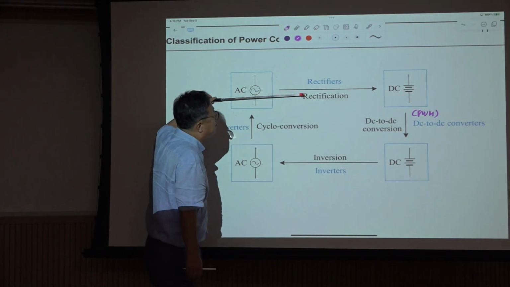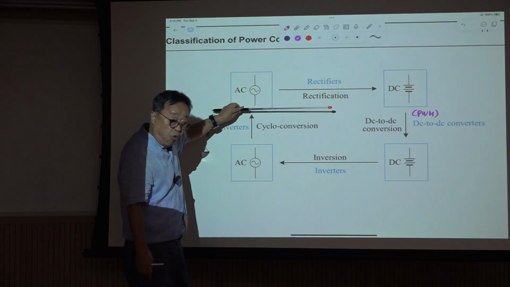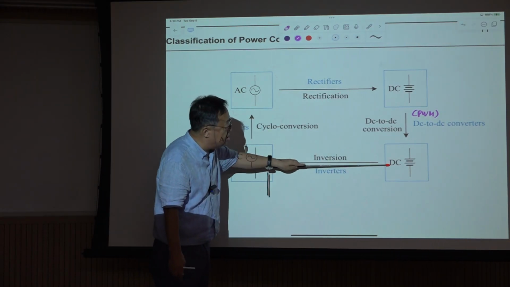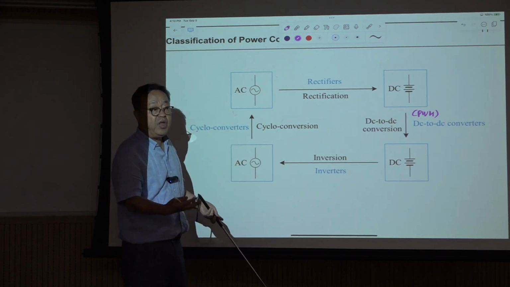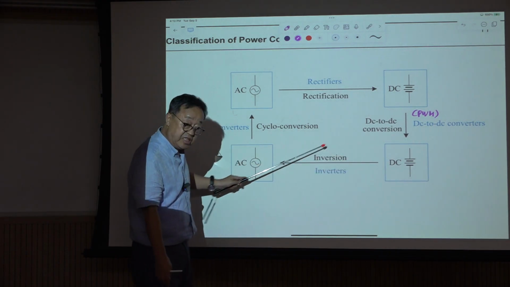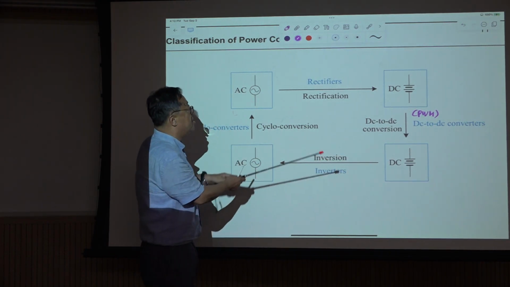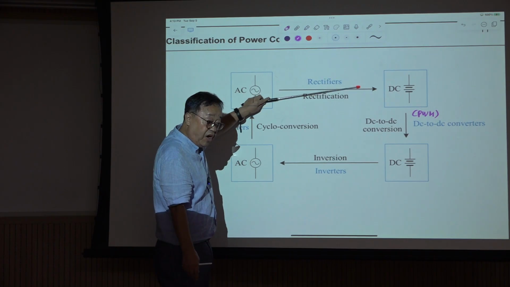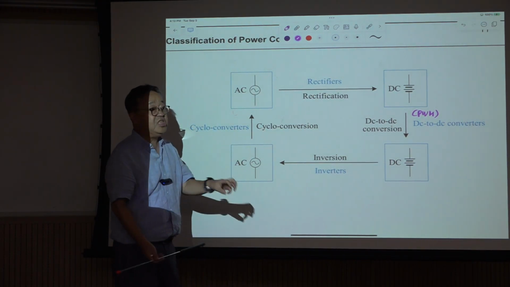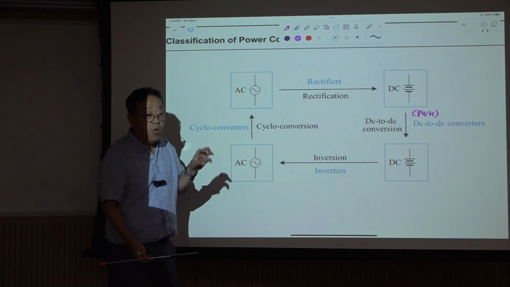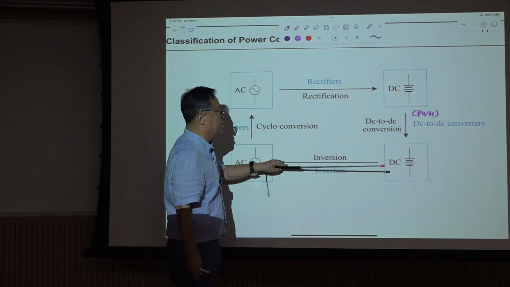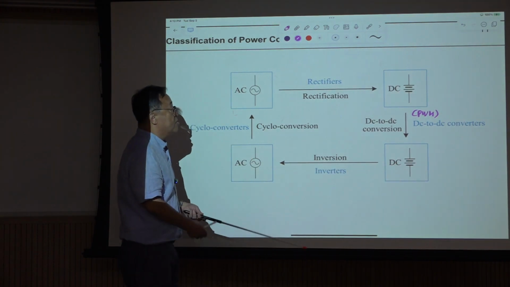So that power conversion is the normal, forward, regular direction. Then they found a need to convert DC to AC. That process is the inverse of this one, so they call it inversion. So there is DC to DC conversion, no DC to DC inversion, and DC to AC conversion is inversion.